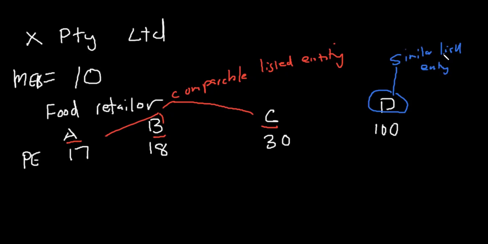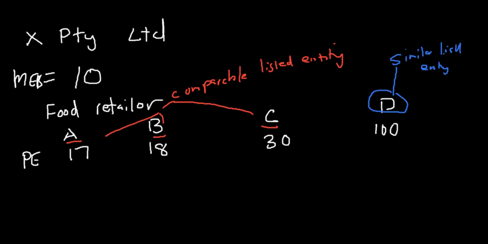Now, the question is, how do we get the multiple of this entity? So we know that when the entity is unlisted, we need to determine a comparable multiple, or we need to determine the multiple relative to comparable entities.